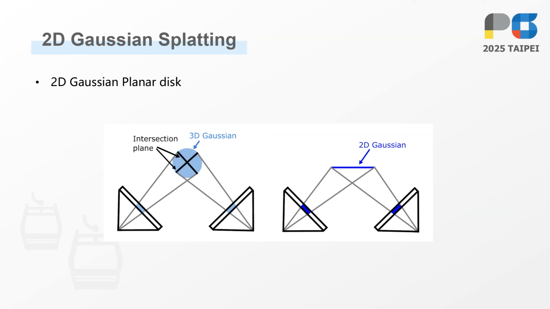One notable work presented at SIGGRAPH 2024 introduced a variant of 3D Gaussian splatting, which also serves as the foundation of our research. Unlike 3DGS, this method utilizes 2D Gaussian planar disks as primitives rather than 3D Gaussian volumes.